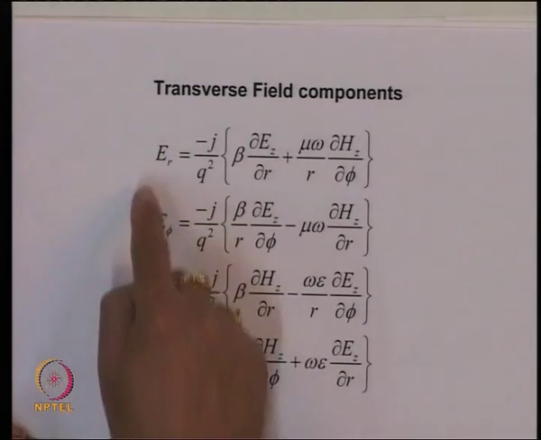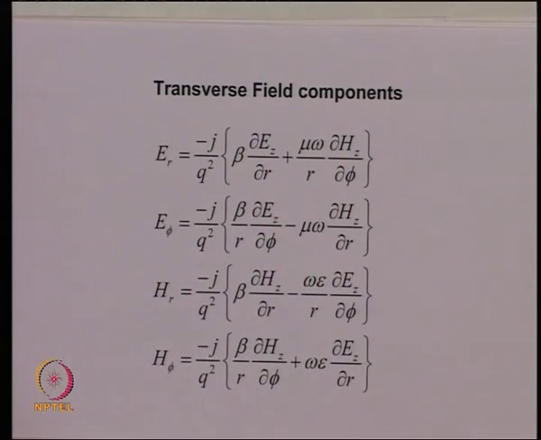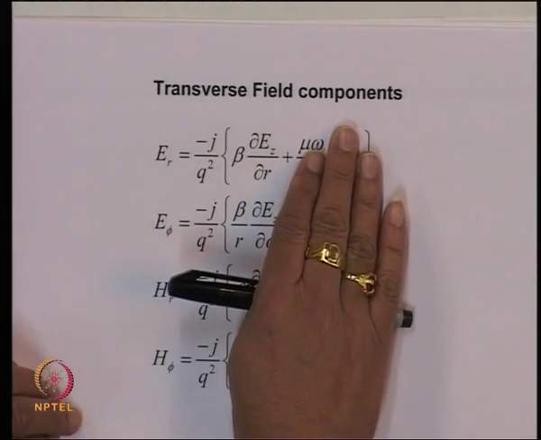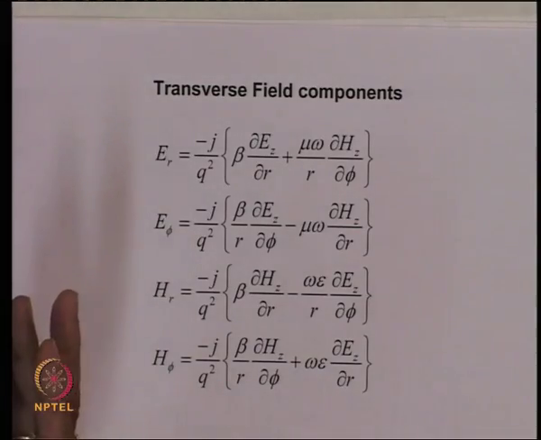Similarly, I can have the transverse components when Ez is 0 and Hz is not 0. So, I have 3 possibilities here now. The set of fields which we get when Hz is 0, the set of fields which we get when Ez is 0, and the set of fields which we get when both of them are not 0. This precisely would give 3 different types of fields which we call the modes.